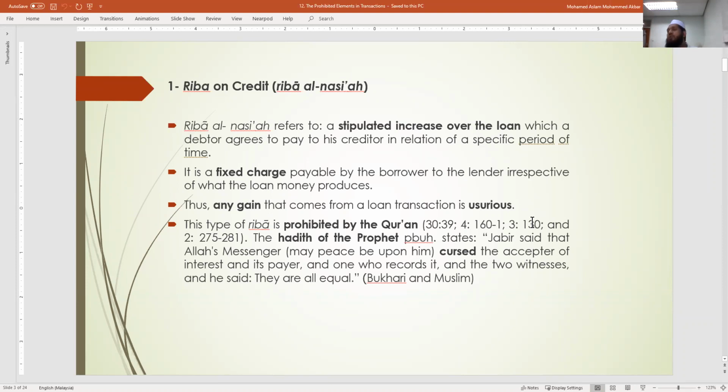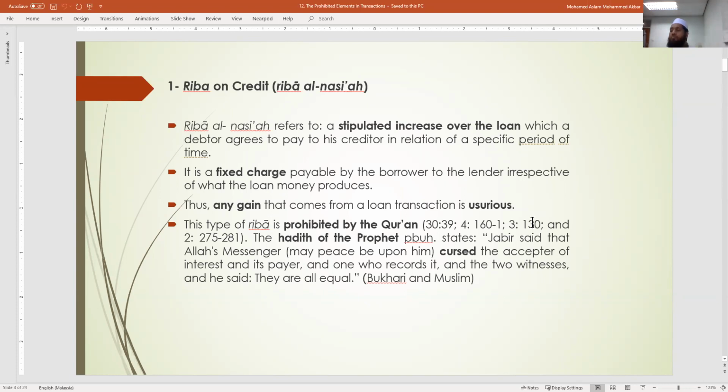Riba al nasi'a refers to a stipulated increase over the loan, which a debtor agrees to pay to his creditor in relation to a specific period of time. All right. So how many things are here? First, you are asking for a loan. Now the loan giver says, okay, if you pay back within that time, you don't have to pay extra.